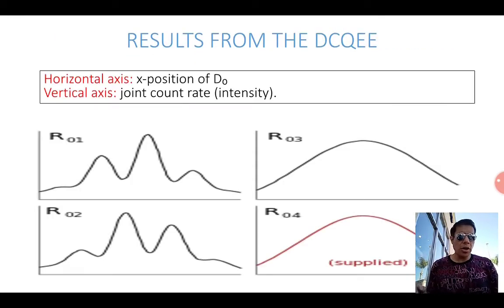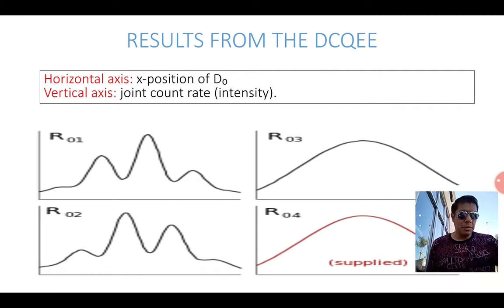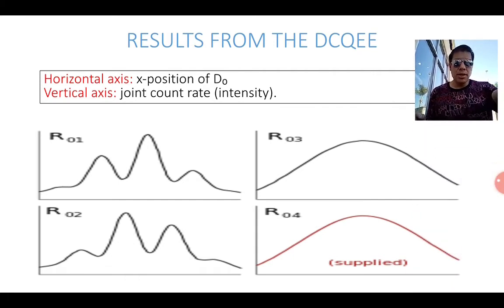Okay, so here's a cartoon of the data. Let me put myself up here. These are the results from the delayed choice quantum eraser experiment. Along the horizontal axis we have the x position of D0, and the vertical axis shows the count rate intensity, right? Now look at the labels. For D0 and D1 we get a wave pattern. You can see it very clearly.